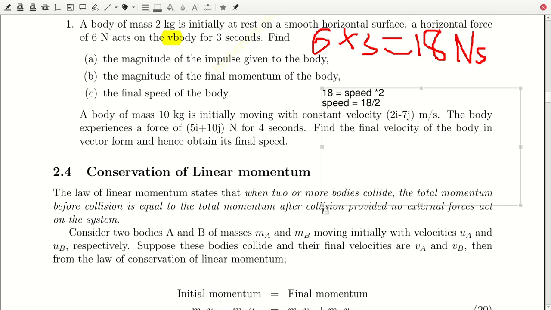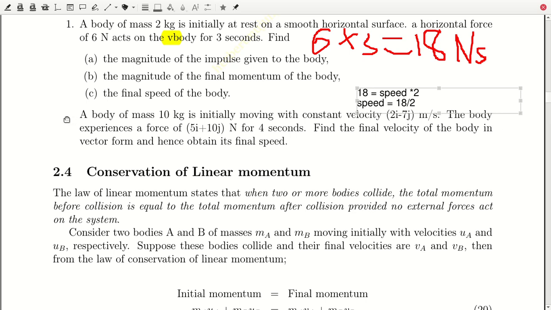Then the other one, sorry, not an equation, but a different question. They are asking us that a body of mass 10 kilograms is initially moving with constant velocity of 2i minus 7j meters per second.